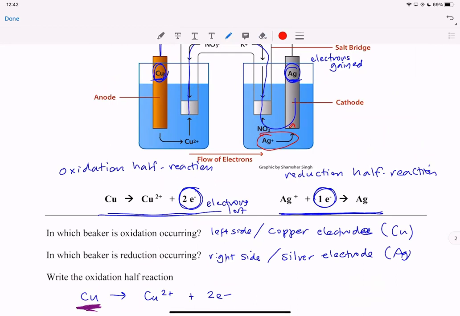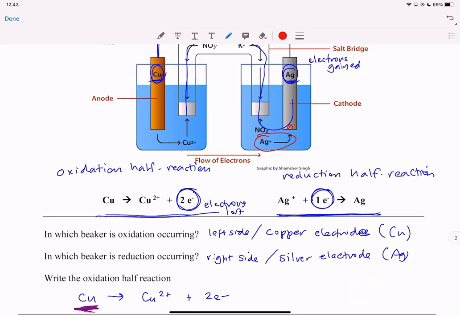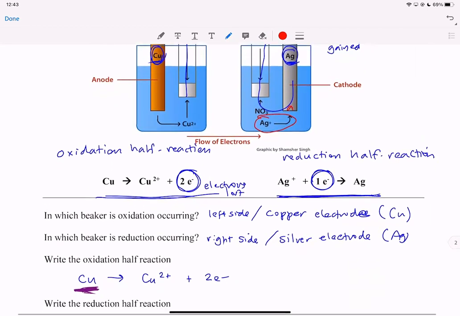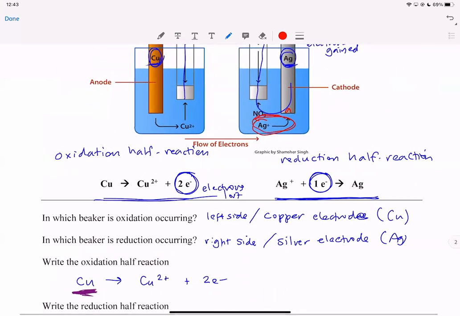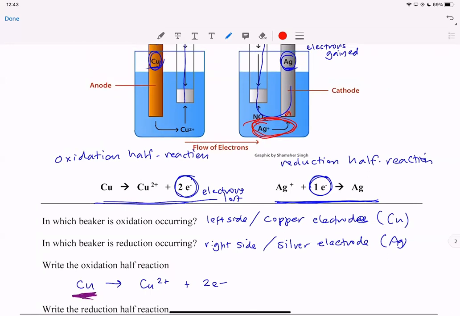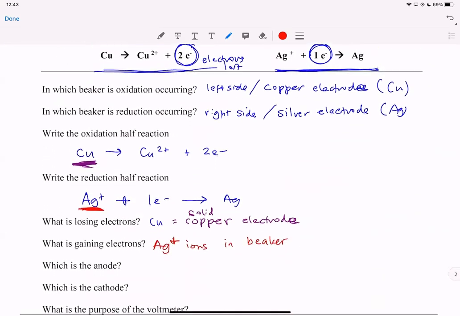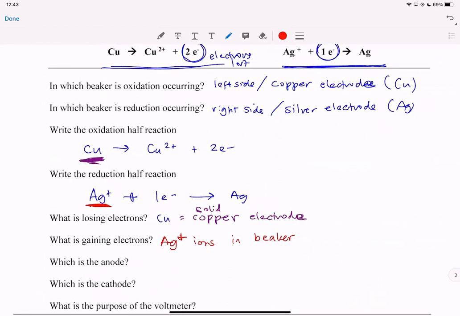And that's how, in the pictures I showed you at the end of the last video, one metal is lost and another metal is a little bit larger after these redox reactions. So the silver ions in this beaker, the Ag+, are what are gaining those electrons, not the solid Ag cathode.